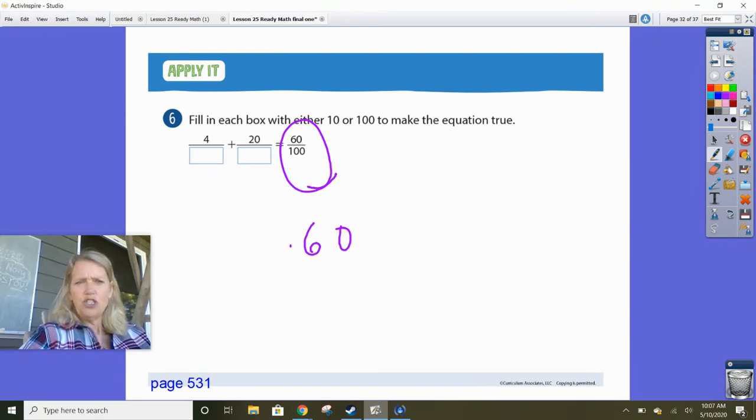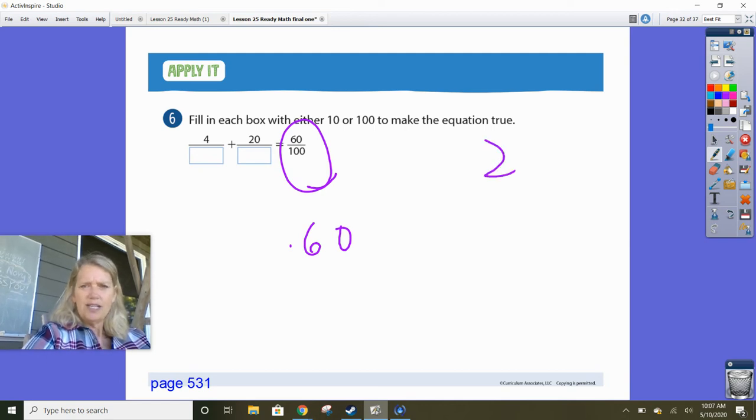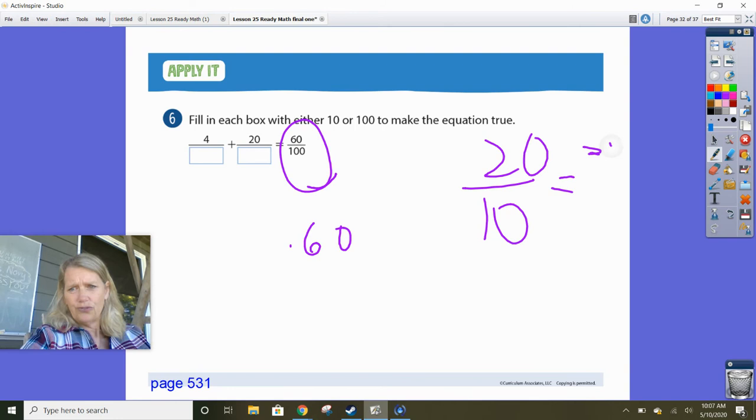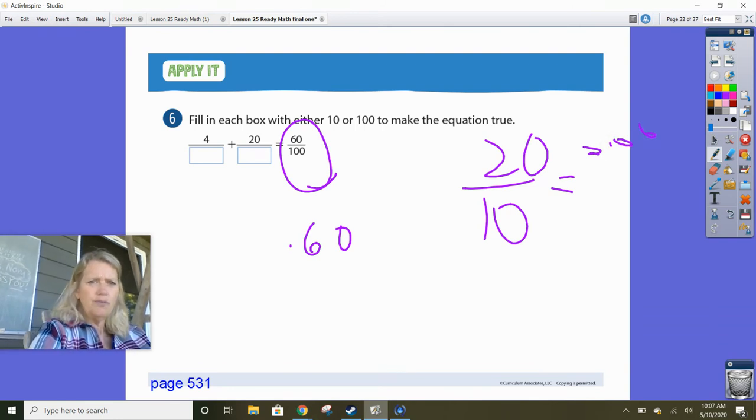Fill in each box with either a 10 or a 100. Well, I can't put a 10 here because 20 tenths, 20 dimes, that's $2. Okay, that's not possible. So this one's got to be a 100. Okay, so that's 20 of the cents. So this is 20 of the cents right there.